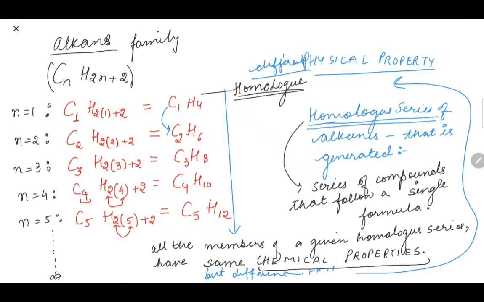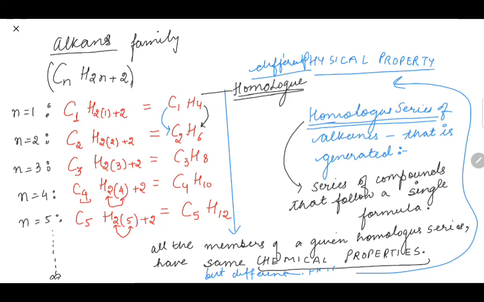CH4 has one carbon, and C2H6 has two carbons. So one more carbon. And CH4 has four hydrogens, and C2H6 has six hydrogens. So how many hydrogens are more? It would be two hydrogens.